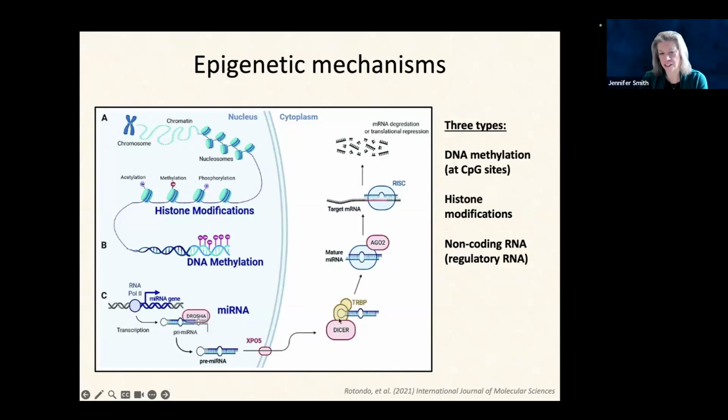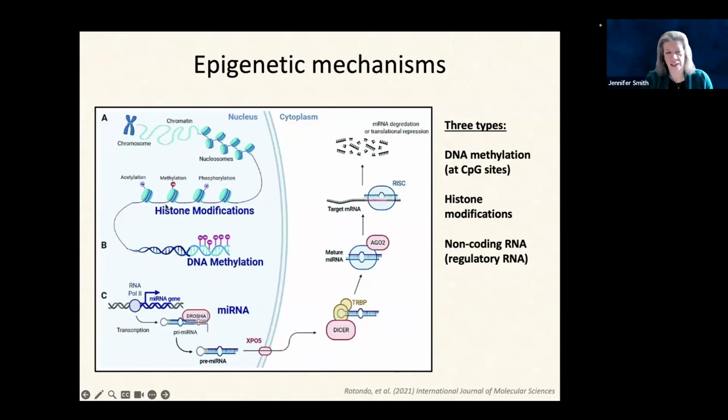It's exported out of the cell, it's cut, and then it's denatured, so it separates one strand from the other. Then it targets a messenger RNA that's on its way to make a protein, and another complex comes along and degrades that target RNA. So all of these actually modify the expression of genes in different ways, right?